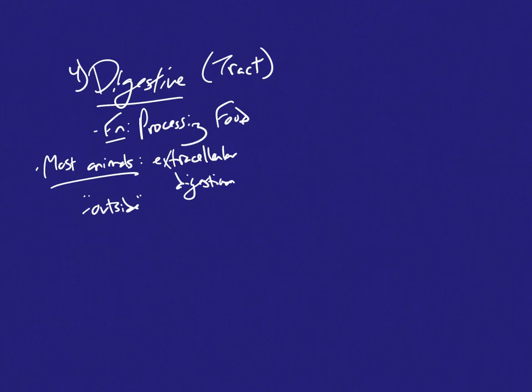The foods you eat pass right through the tube and can technically come right back out in your feces. And so it's extracellular. So what happens is you break down or digest those foods in that extracellular space, and then that's followed by absorbing nutrients into your cells and then into your bloodstream from there.